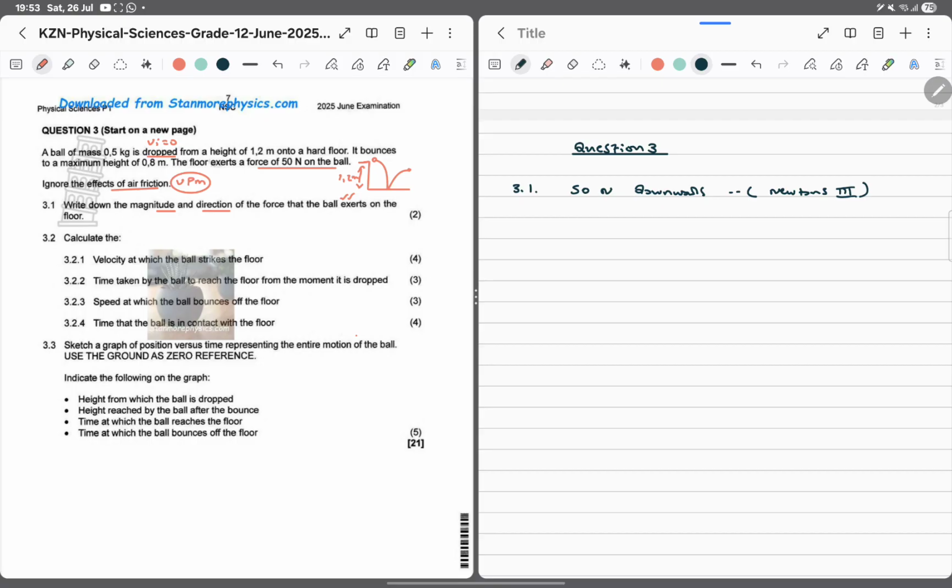Who's acting on the ball? Due to gravity, it's the center of the earth, not the surface of the earth. So that force is the force that is exerted by the center of the earth, not the surface. So if the surface is causing this much, then the ball is also causing that much, while the earth is also doing its own thing.